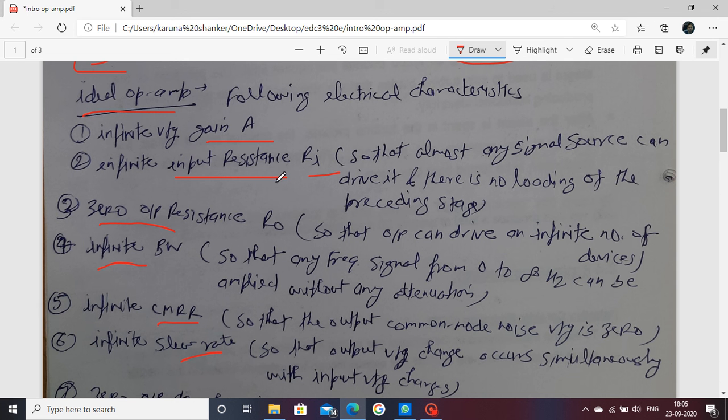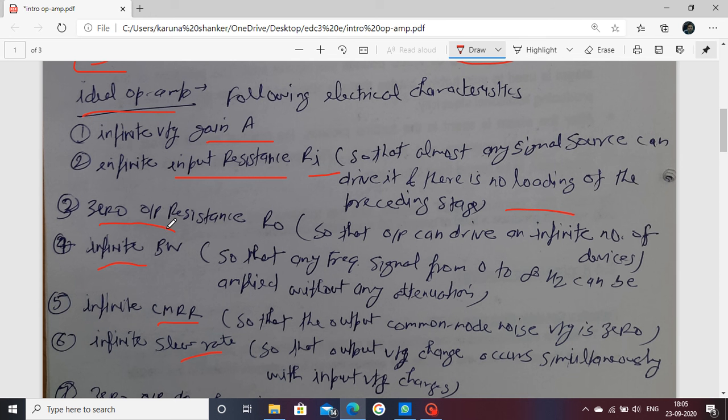This represents that any signal source can be driven by the op-amp. Also, there is no loading effect if the previous stage is connected to this op-amp circuit. Overall, we note down that infinite input resistance is an ideal op-amp property.